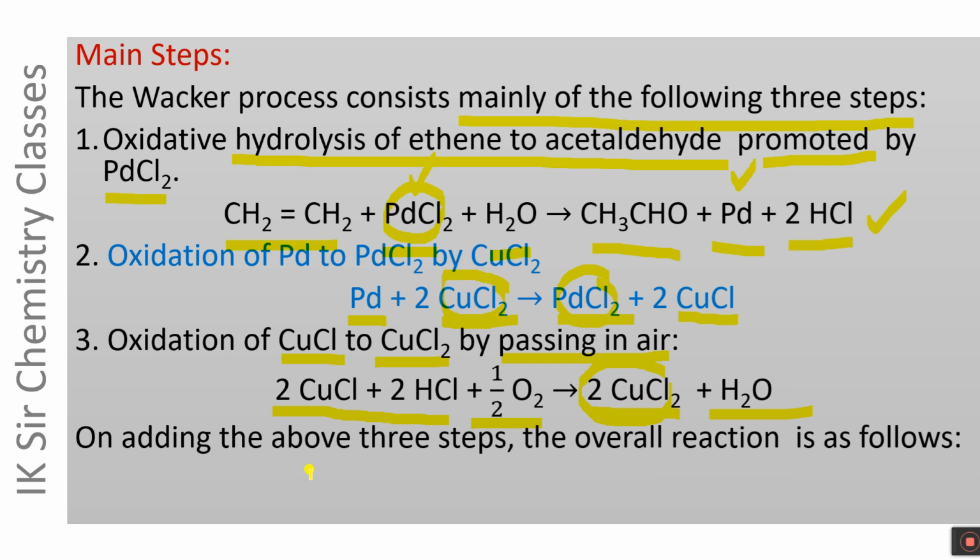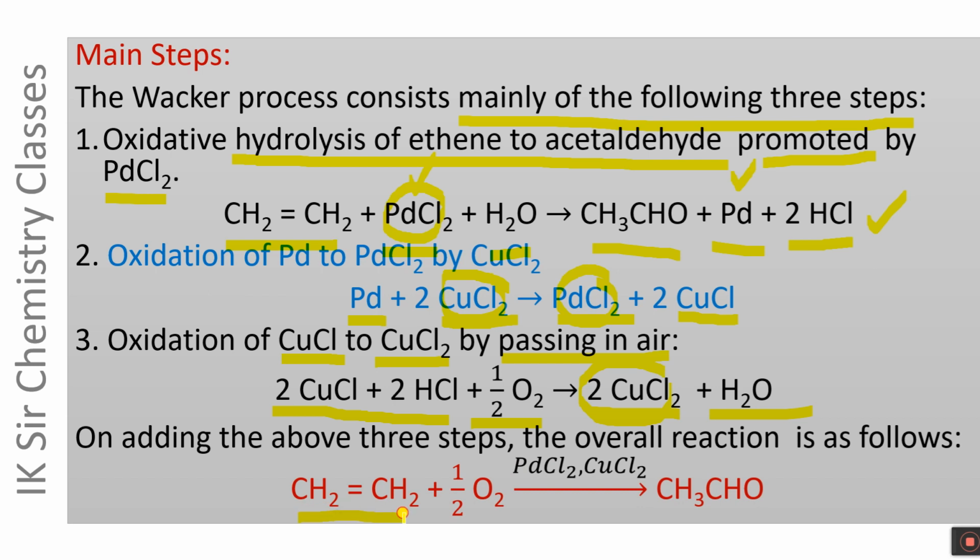On adding the above three steps, the overall reaction is as follows. Ethylene plus O2 from air react together forming CH3CHO, that is acetaldehyde, and during this reaction PdCl2 and CuCl2 act as catalyst.